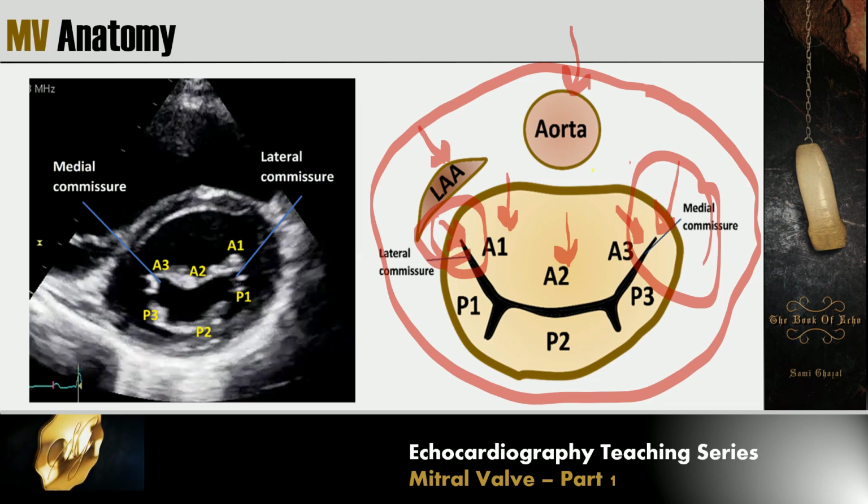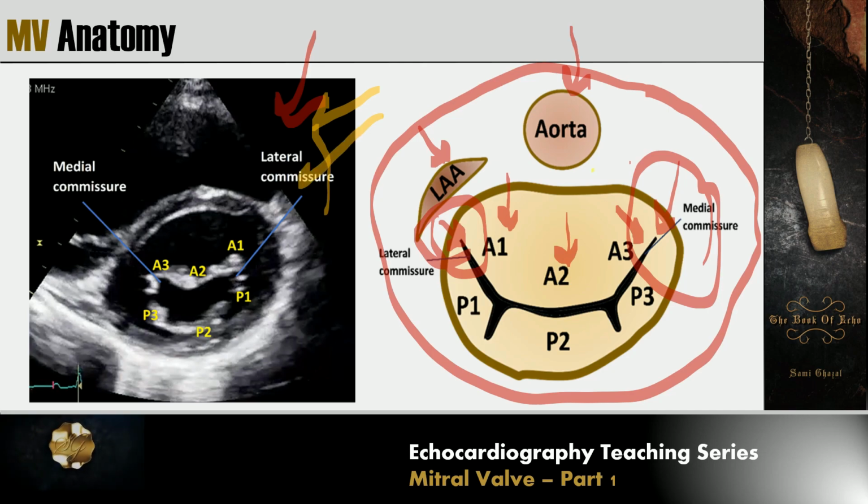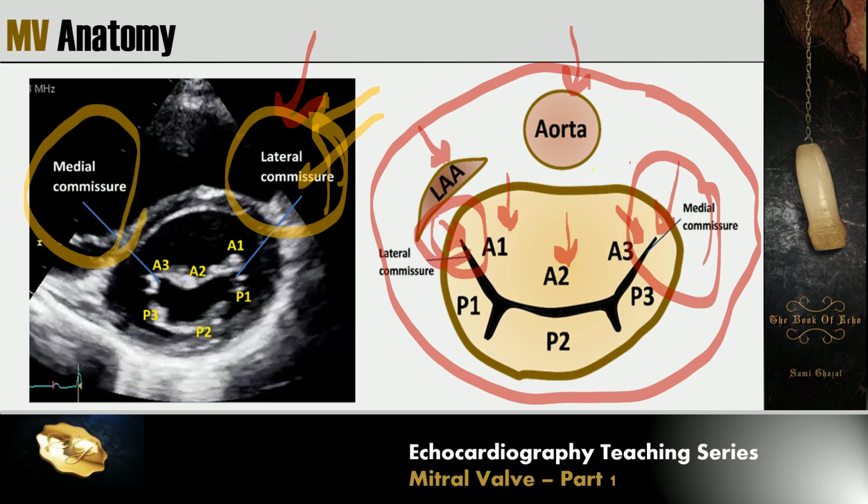However, in 2D transthoracic echocardiography, if we take a 2D in short axis, we'll have this view. This view looks at the mitral valve from the ventricular aspect. So the lateral side is here, and the medial side is on the left. It's not very clear. Let me just fix my pen.